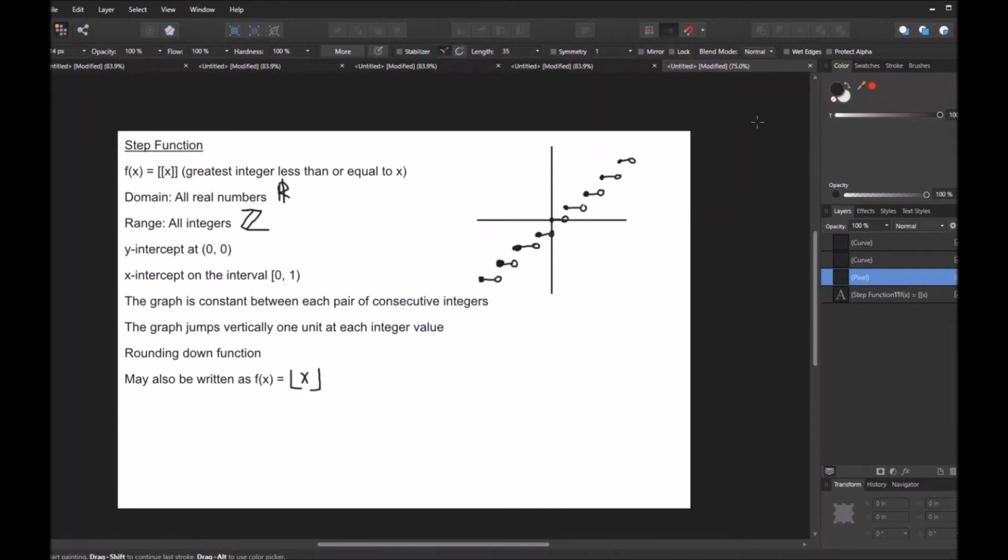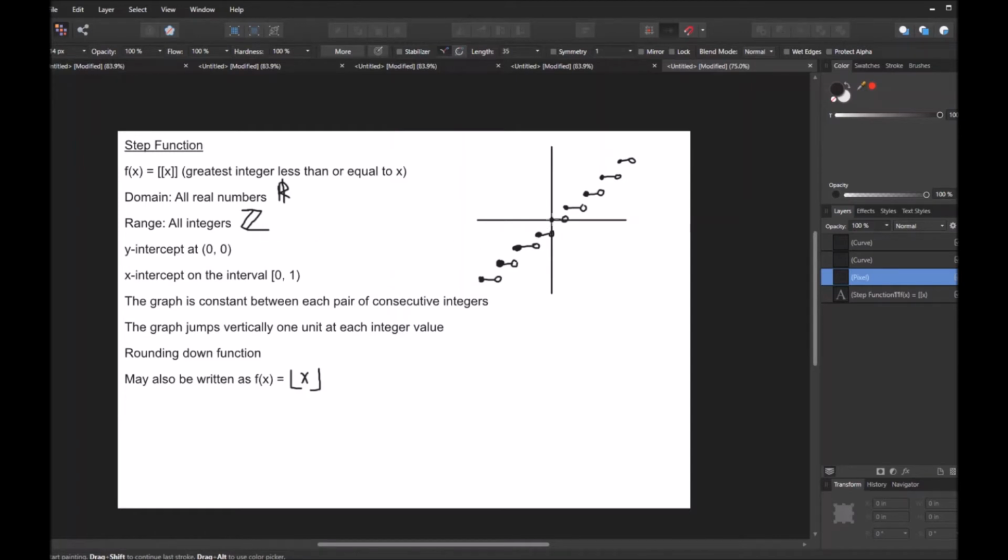The domain is all real numbers. The range is all integers, which is represented by this shape that looks like a Z. And it's basically a Z, but then you have this second line coming down here to kind of make that middle band a little bit wider. It has a y-intercept of 0, 0, and an x-intercept on the interval 0, 1, including 0, but not including 1.